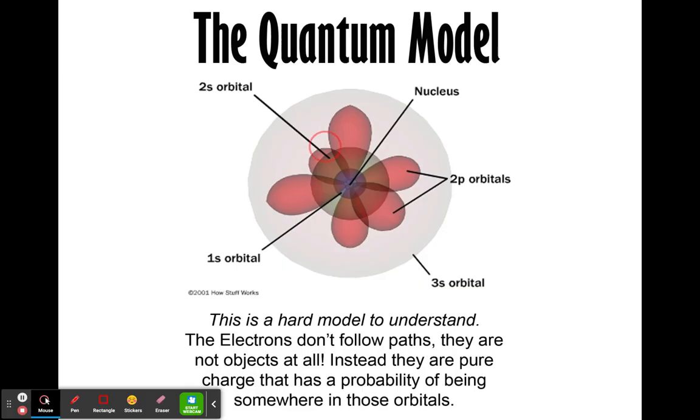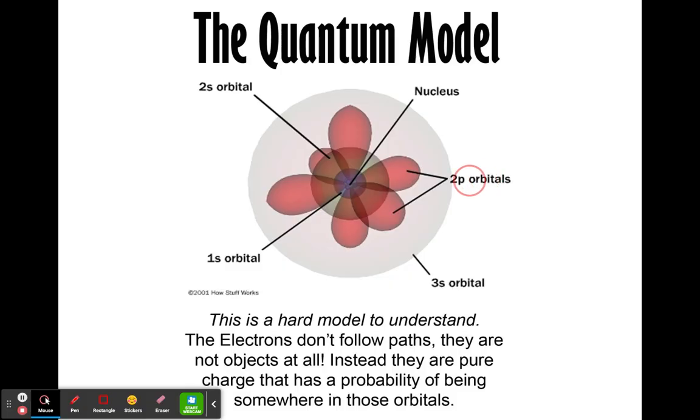And so you can see that the probability space of finding the electron is here. And that's all we can really say at this point: if you have an electron in the 3s orbital, all we can say is that with 90% probability the electron is somewhere within this spherical space.